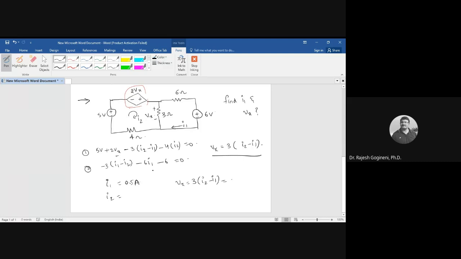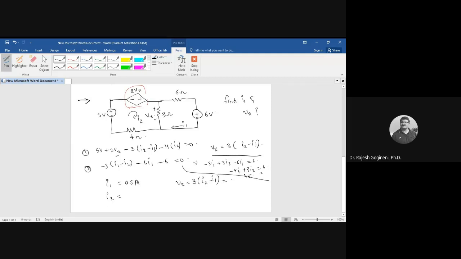So I2. From the second equation, we can find I2. 3 I1 plus 3 I2 minus 6 I1 is equal to 6. So minus 9 I1 plus 3 I2 is equal to 6. Minus 9 I1 means minus 4.5.